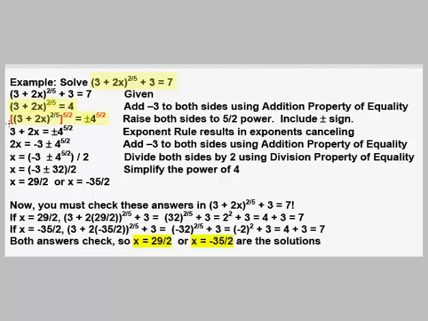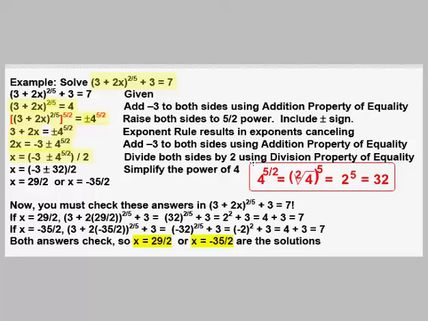We take the 5/2 power of both sides. We just get 3 plus 2x on the left, plus or minus 4 to the 5/2 on the right. And now we can solve this for x. We start by subtracting 3 from both sides, and then we divide both sides by 2. And that gives us x equals negative 3 plus or minus 4 to the 5/2, all over 2.